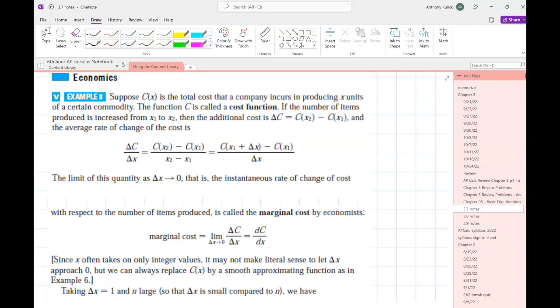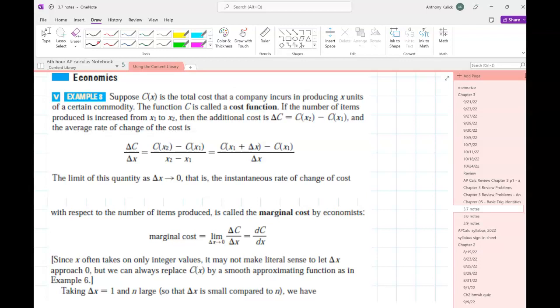The limit of this quantity as delta X, the change in X, approaches 0, that is the instantaneous change of cost with respect to the number of items produced, is called the marginal cost by economists. So the marginal cost is basically the change in cost to produce one additional unit.